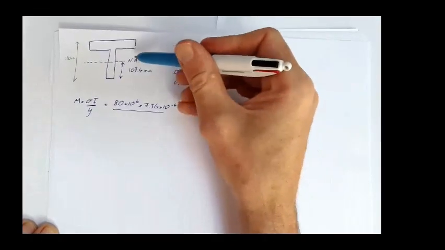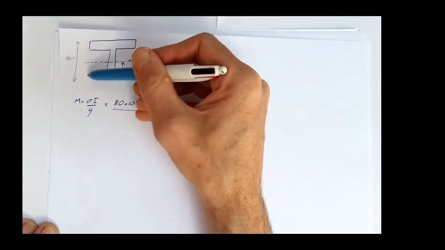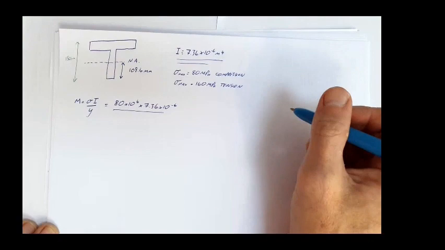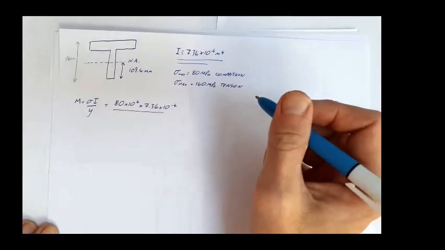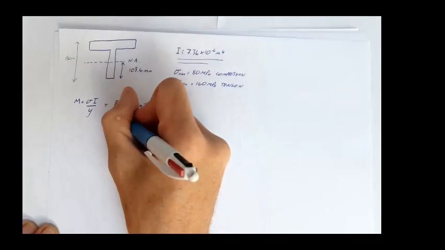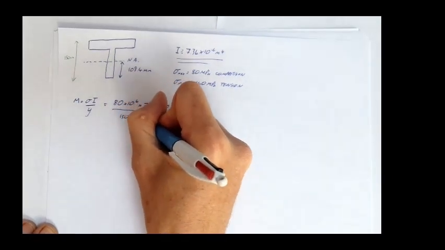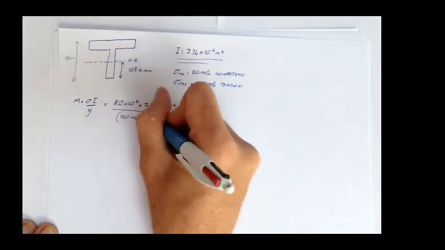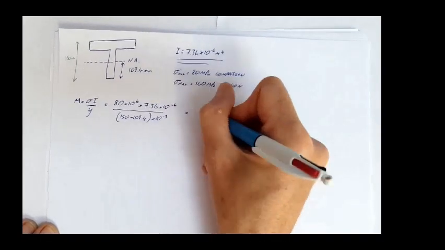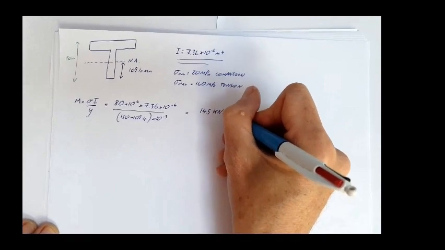So the distance from the neutral axis to the top surface is going to be 150 minus 109.4, times 10 to the minus 3, which gives 14.5 kilonewton meters.